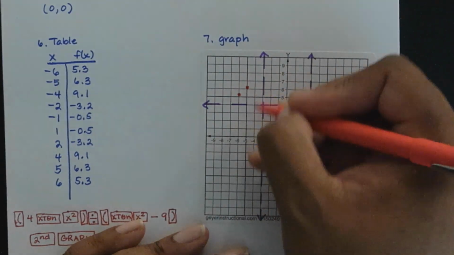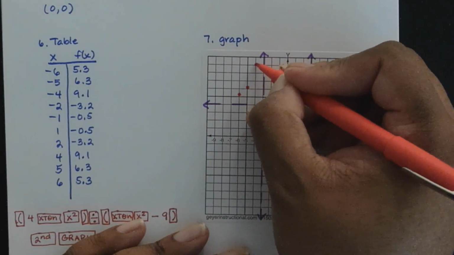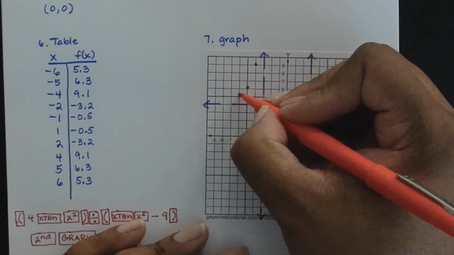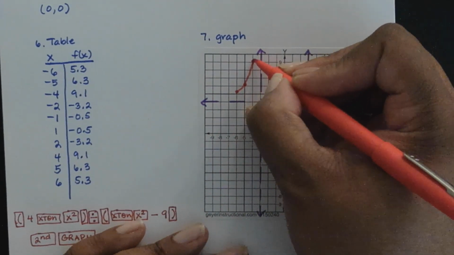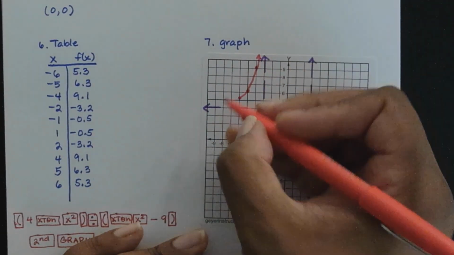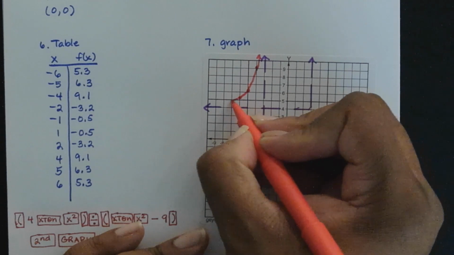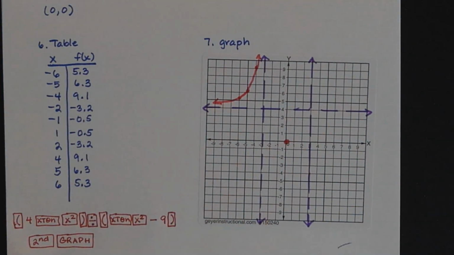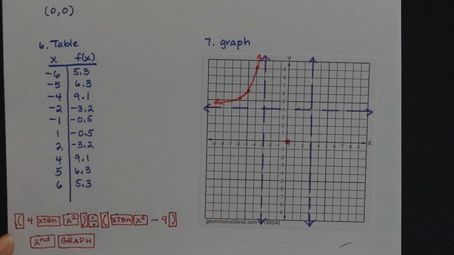And then negative 4 and 9.1, that's a little bit past 9. So I know what the behavior at one end of the graph would be. It's going to come up this way, approaching the vertical asymptote of x equals negative 3, but it will never cross it. The other end will be approaching the horizontal asymptote, but it will never cross it as well.